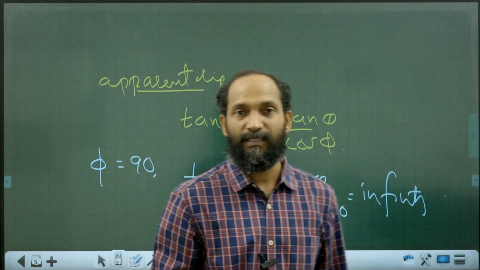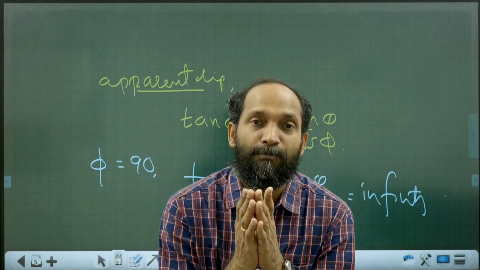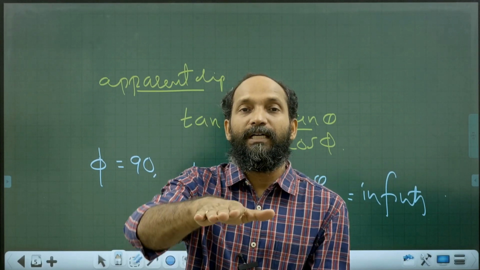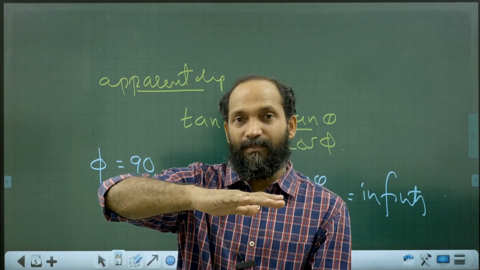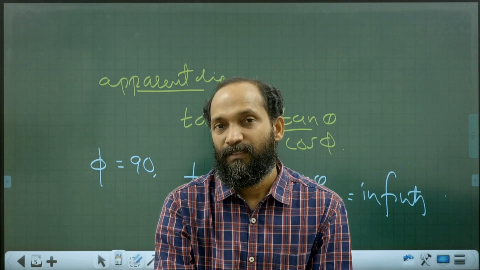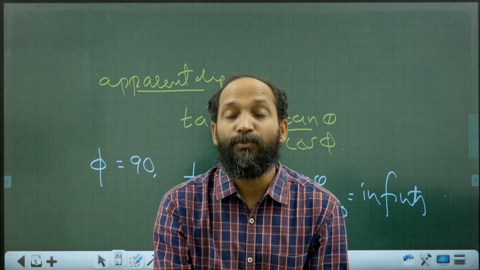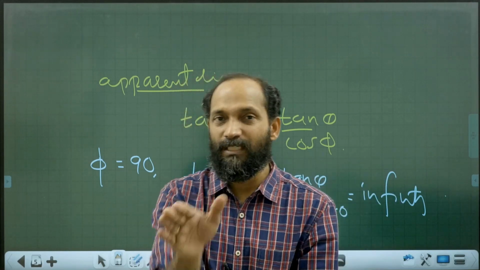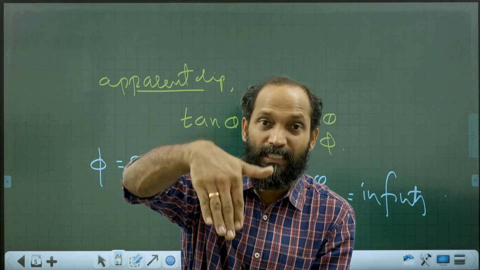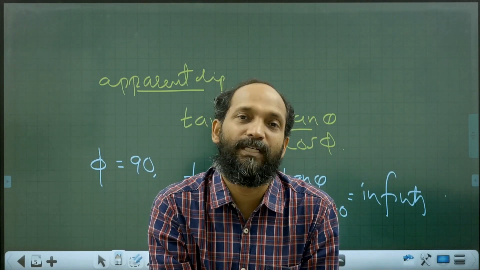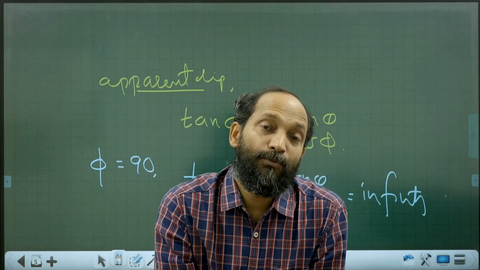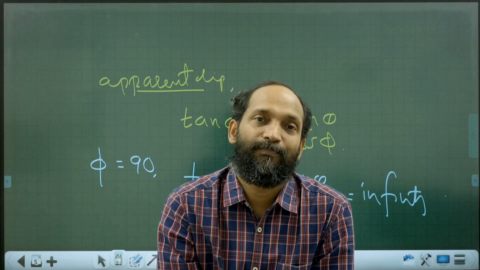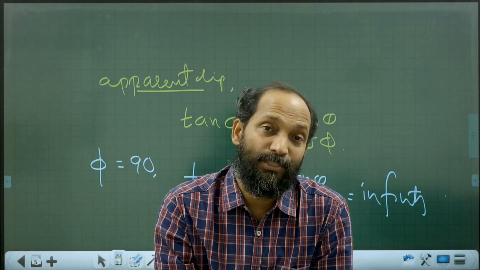Maybe in question papers. So when a bar magnet is suspended in the magnetic meridian, the dip is true dip. You turn it horizontally, but it is free to rotate vertically. Now the new angle through which that magnet tilts is greater than the initial angle.